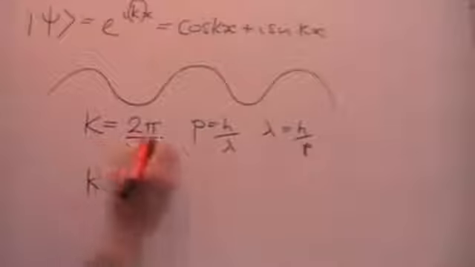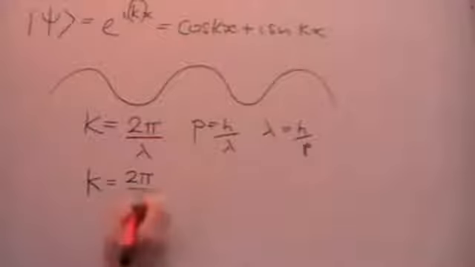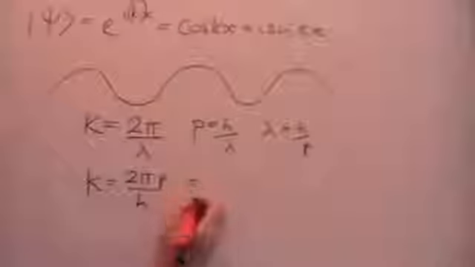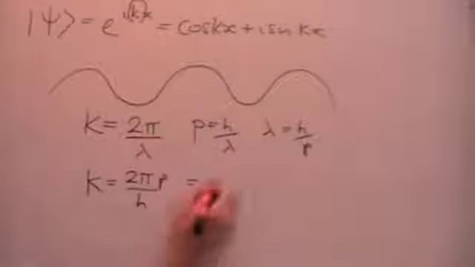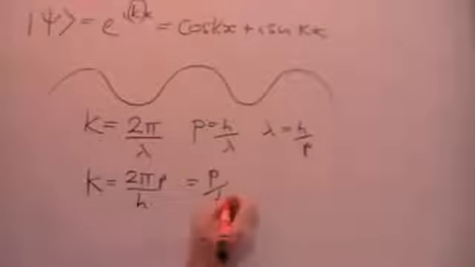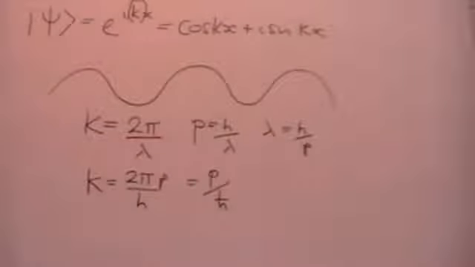That means that k is 2 pi over lambda, but lambda is h over p. And now we can rewrite h over 2 pi as h bar, where h bar is Planck's shortened constant. It's h over 2 pi. And so now we know what k is. It is actually momentum divided by h bar.